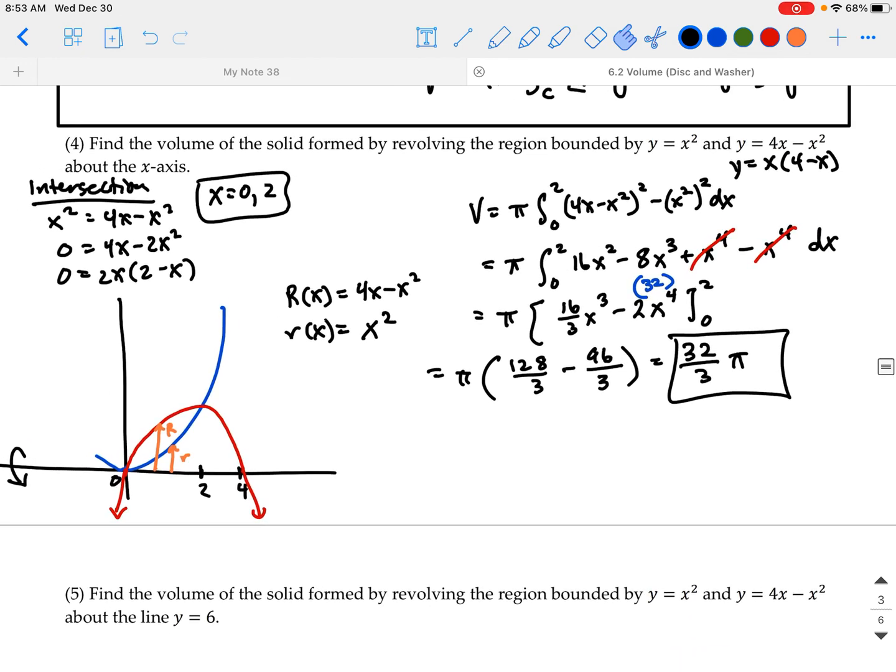So the setup is really always going to be similar, where we're looking for our radii. Definitely want intersection points. Definitely want our radii explicit, and your graph is going to be really important in the examples where you don't have a calculator. So again, any of these examples that don't say anything are non-calculator.